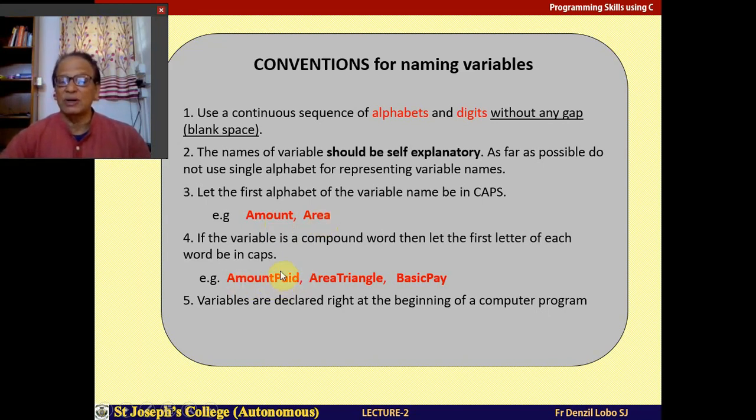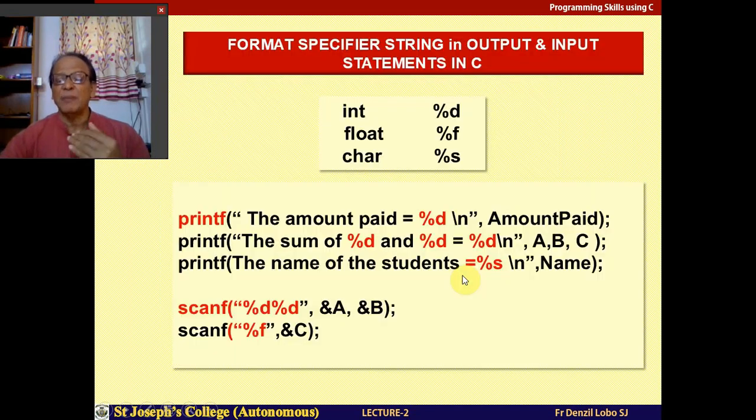When you combine two words, you don't put a blank in between, but you put one after the other, and see that the first letter of each word is in capital: A, P, etc. It's a very good exercise, a very good habit. So you have to develop this habit, not just name them as X1, X2, or A, B, C, etc. Please remember that. Your variables should be representative of what you are going to store.